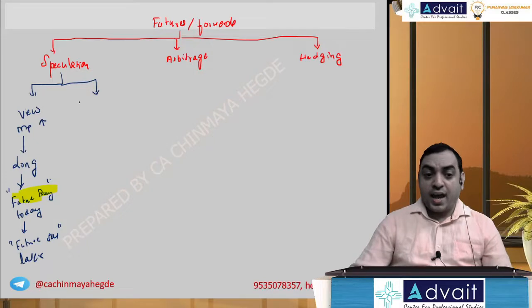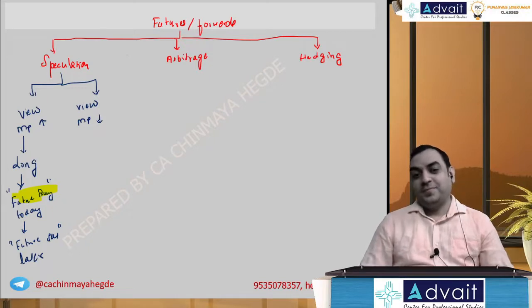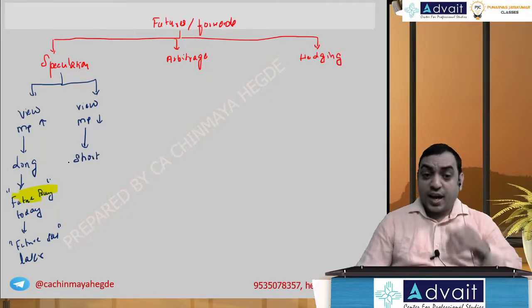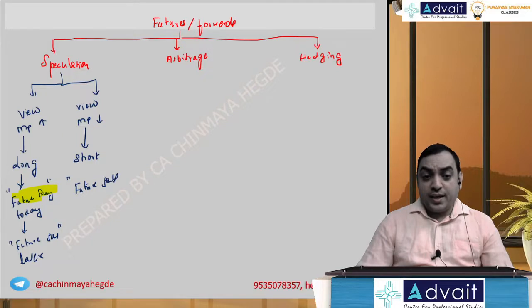You can also have a view that the market price will fall down. Then you should take a short position, a bearish view. And what do you mean by bearish view? You should take a position of future sell today, and later you're going to do a future buy.